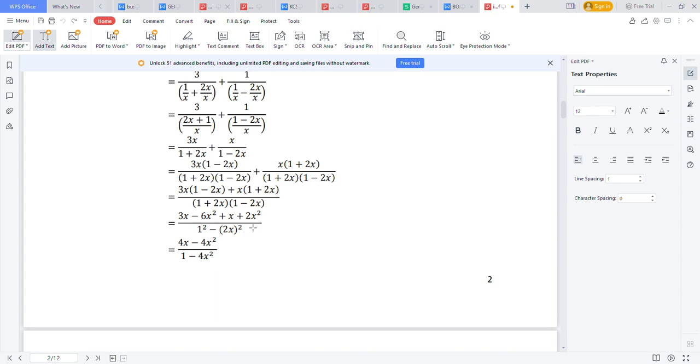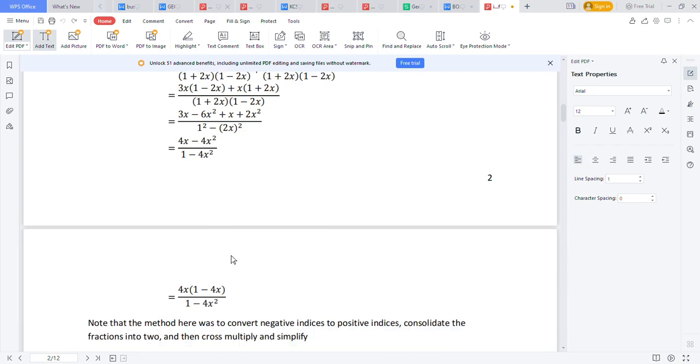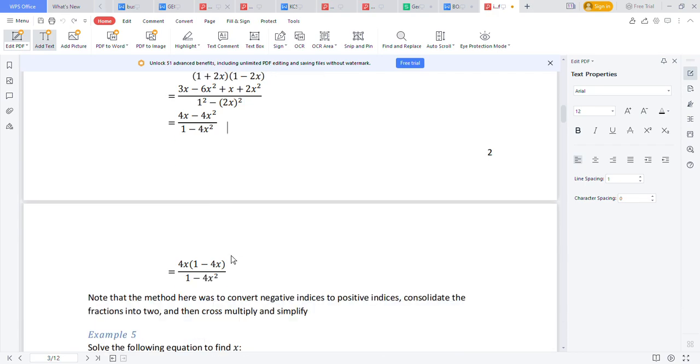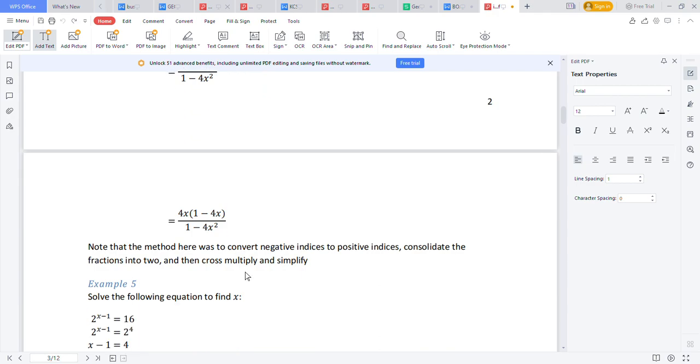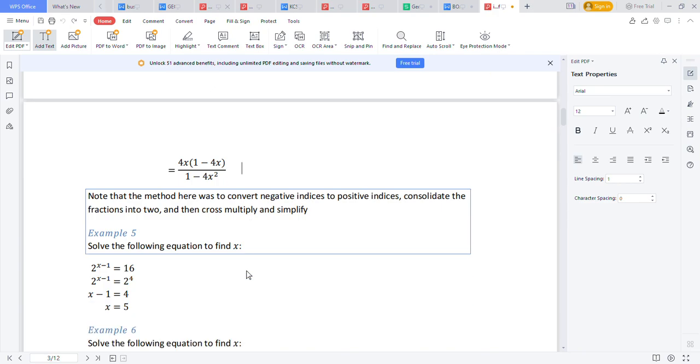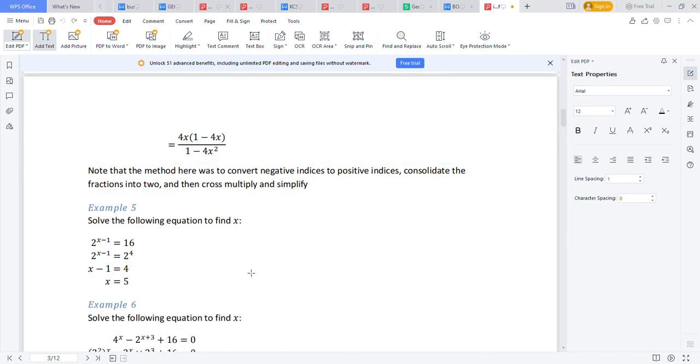If you expand this LCM, you are going to have 1 minus 4x squared. Then if you simplify that, you are going to have 4x into 1 minus 4x all over 1 minus 4x squared. Very simple and direct question.